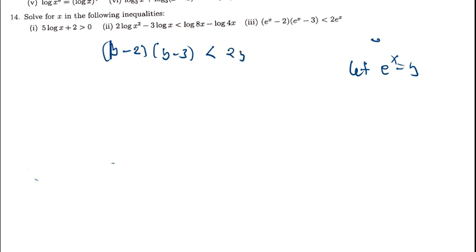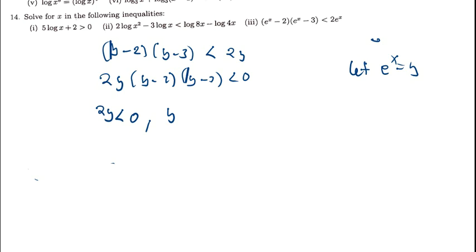I'll shift y to go to the other side, then I'll have 2y, y minus 2, y minus 3 less than 0. So meaning the first one I've got 2y less than 0, another one y minus 2 less than 0, another one y minus 3 less than 0. So this would be y is less than, sorry, not greater than, 2. Then this one will be less than 3.